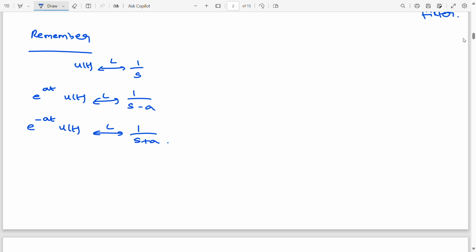Similarly, the Z transform of several functions are represented.